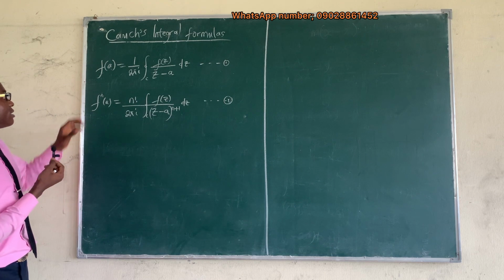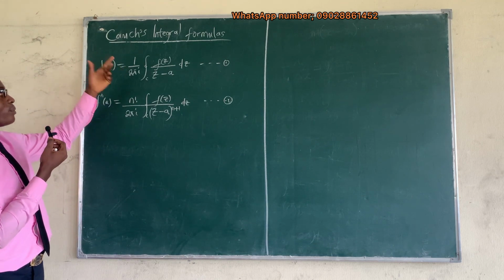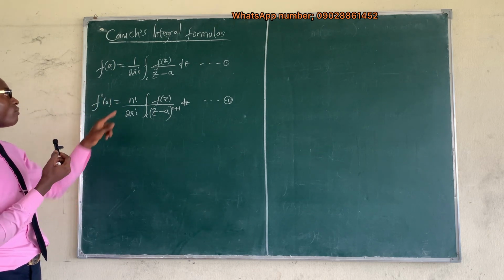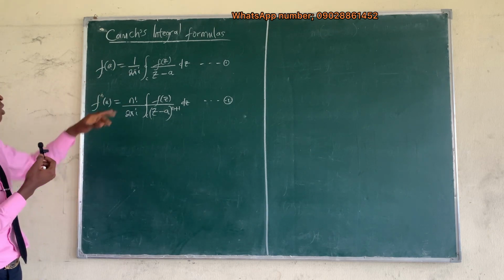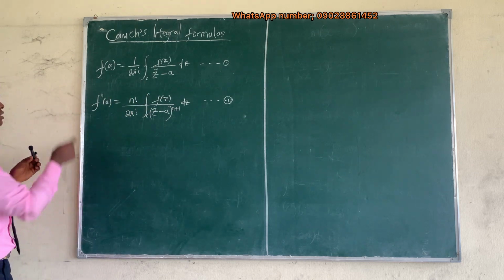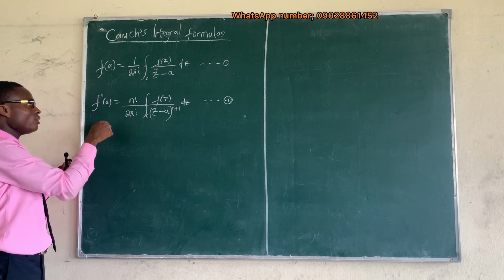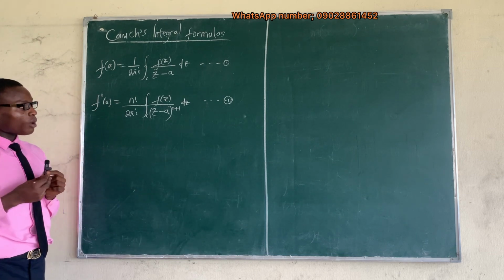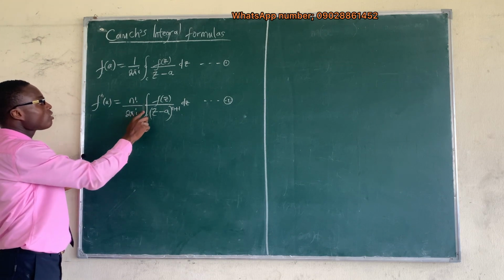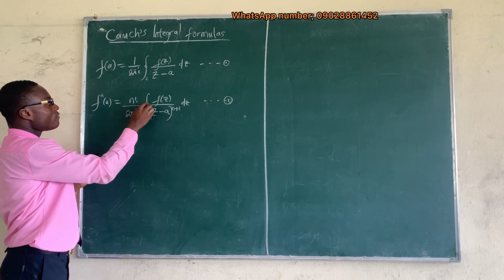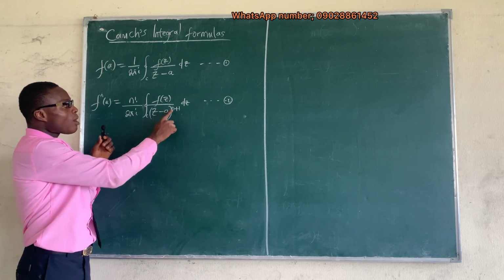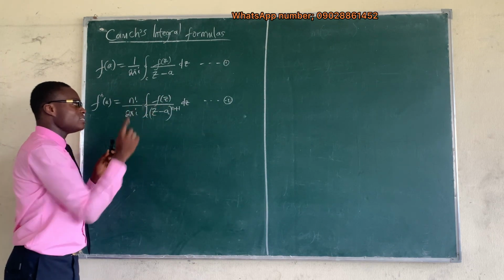So the first formula is f of a equal to 1 over 2 pi i, the integral, because the curve is a closed curve, of f of z over z minus a dz. And the second one is f^(n) of a equal to n factorial over 2 pi i, the integral, because the curve is closed, of f of z over z minus a raised to the power of n plus 1 dz.